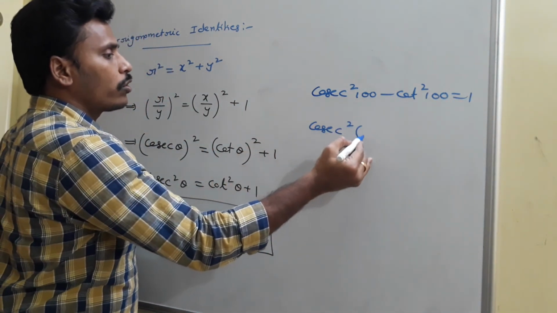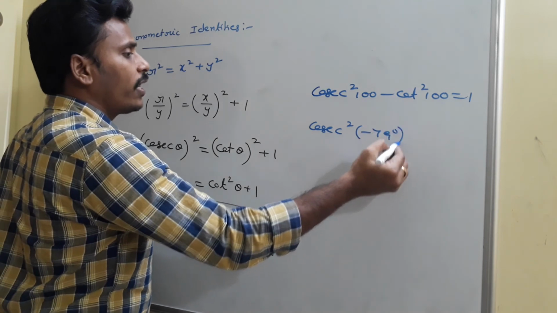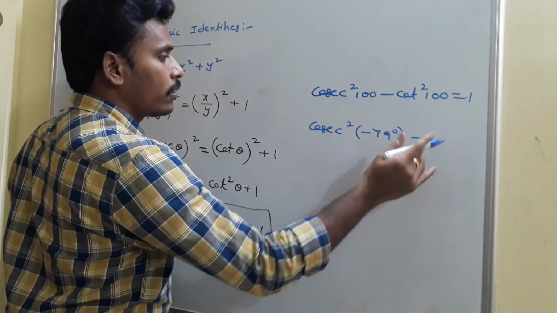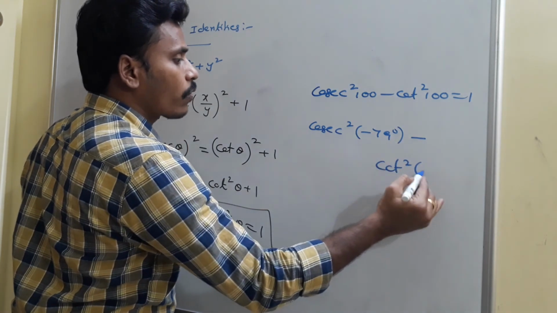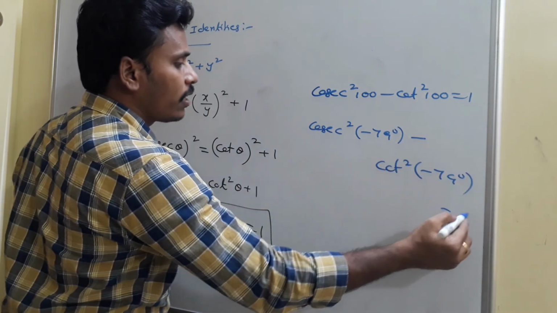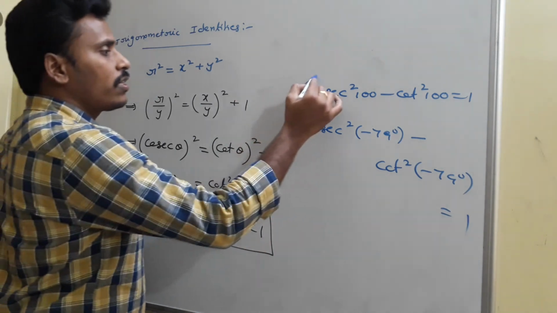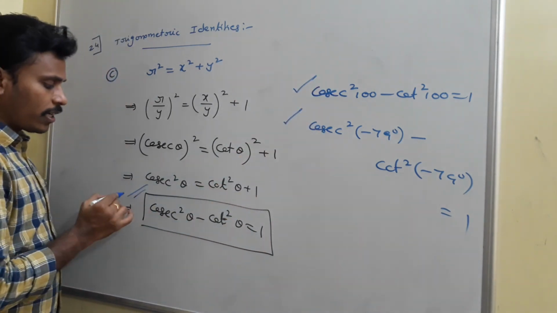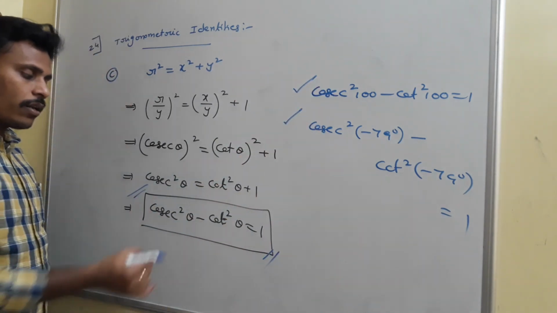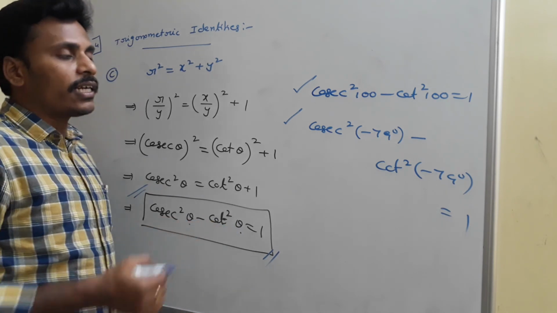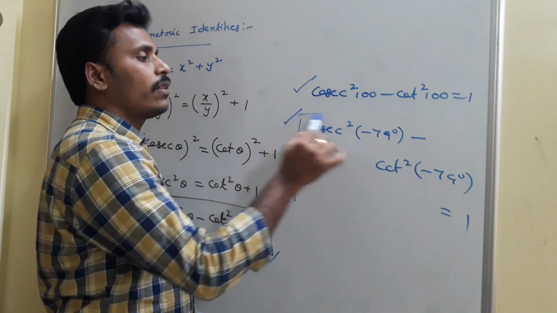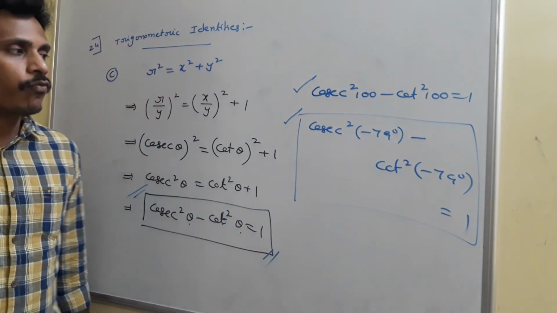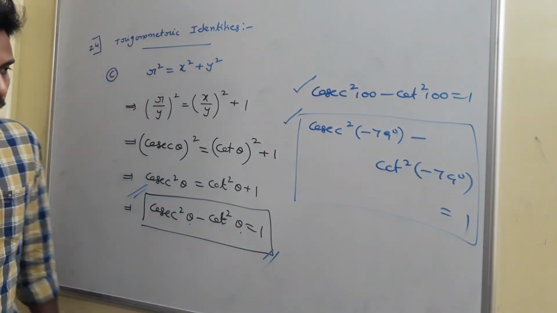Suppose cosecant square of minus 79 degrees minus cot square of minus 79 degrees is again 1. Actually this is the identity: if you replace theta with an angle of minus 79 degrees, you will get the result that cosecant square of that angle minus cot square of that angle is 1.